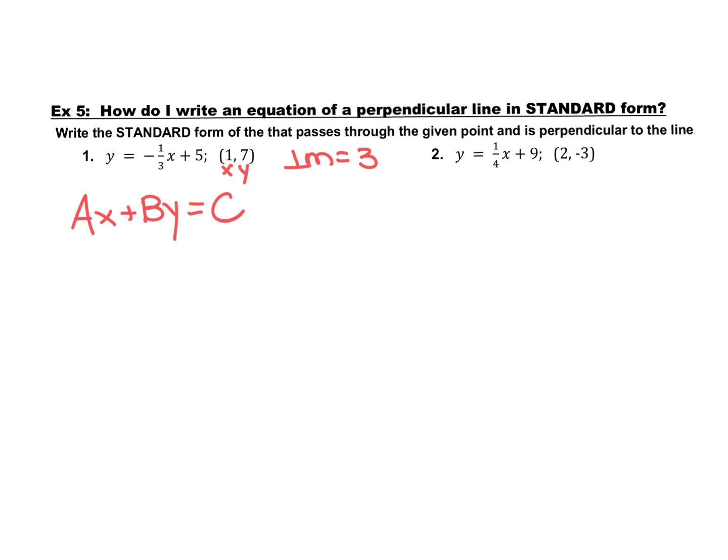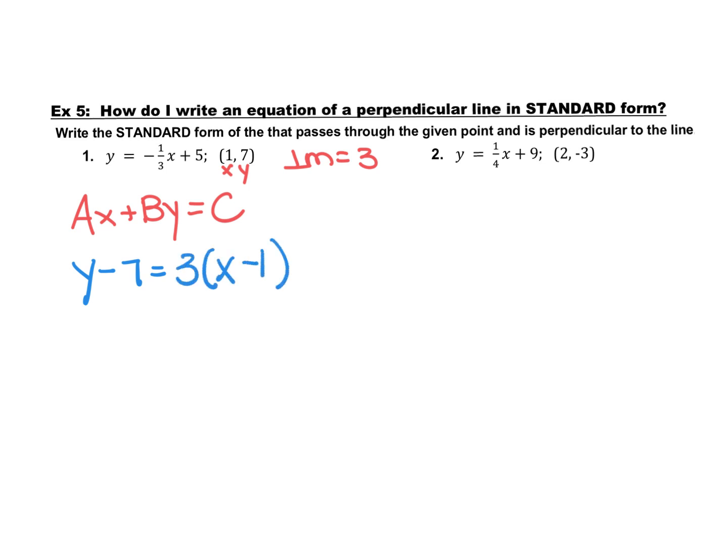Now I'm going to use the point-slope equation to then put it into standard form. And you could put it into slope-intercept form and then move it to standard form. Either one would be just fine. So y minus 7 is equal to your slope of 3 times x minus 1.